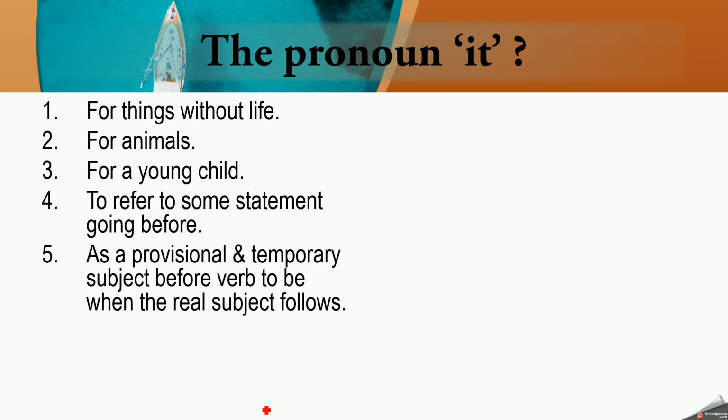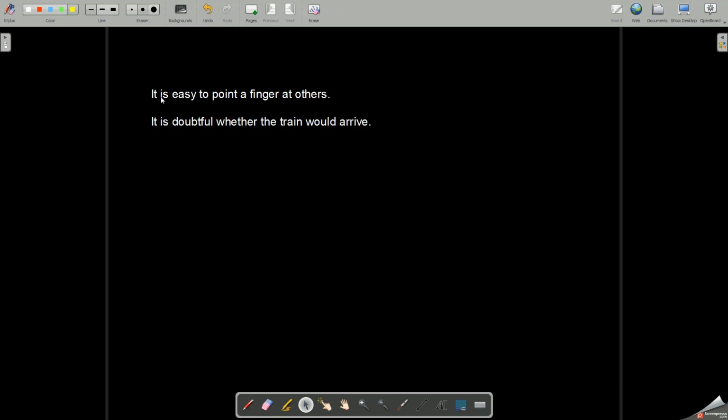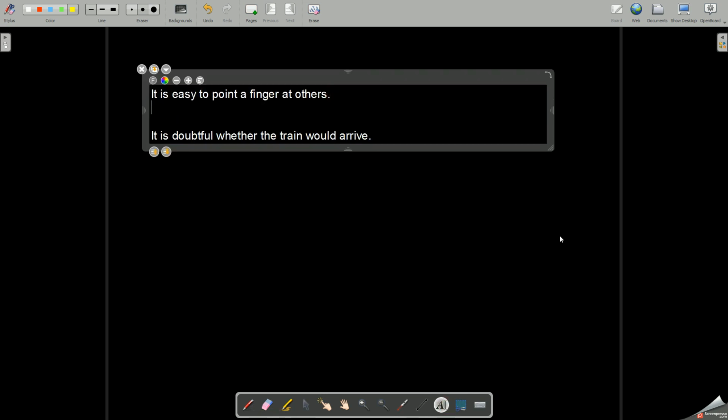So over here you can see, as a provisional and temporary subject before the verb to be where the real subject follows, like it is easy to point a finger at others. So an alternative of this statement would have been, to point a finger at others is easy.